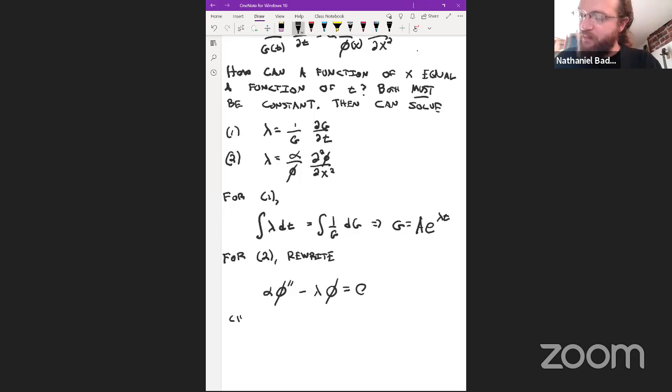So the characteristic polynomial is alpha r squared minus lambda equals 0. This is a nice homogeneous thing. So r equals plus or minus the square root of lambda over alpha.